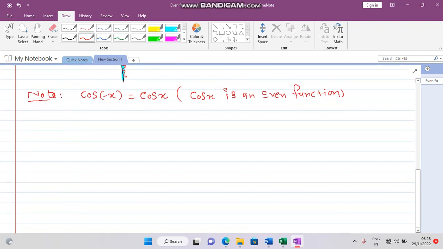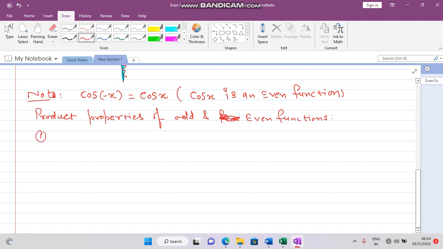Now we see the product properties of odd and even functions.